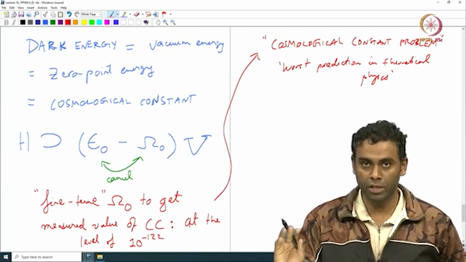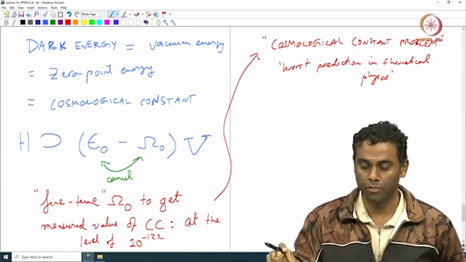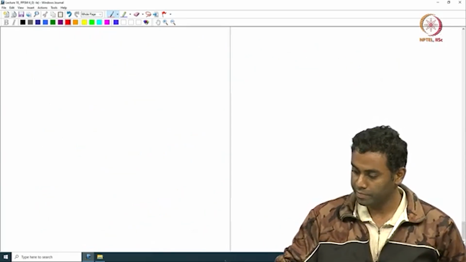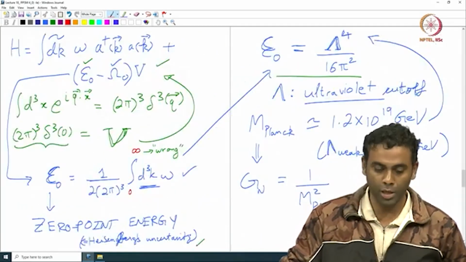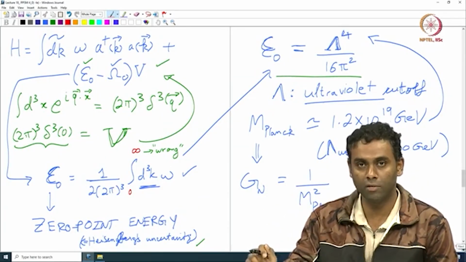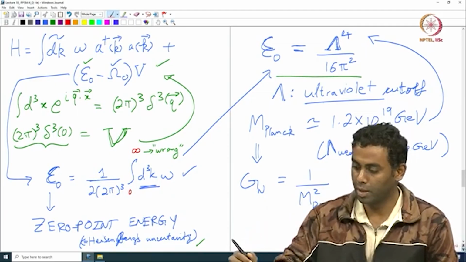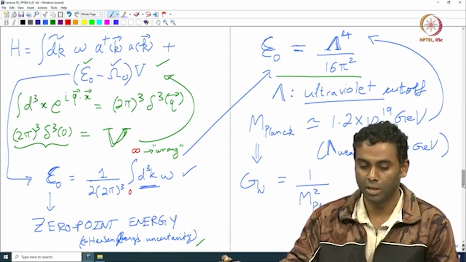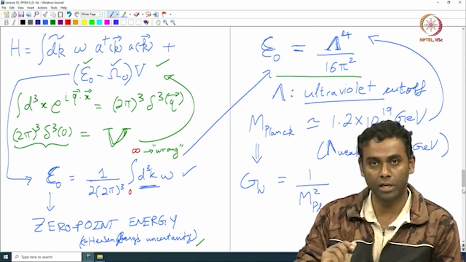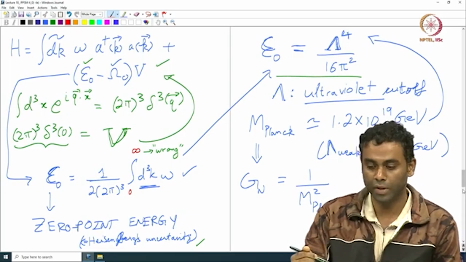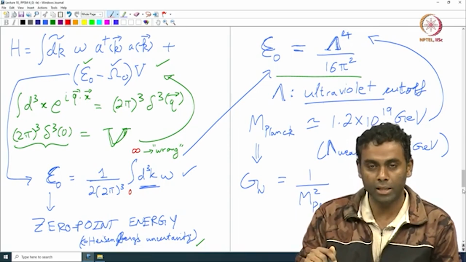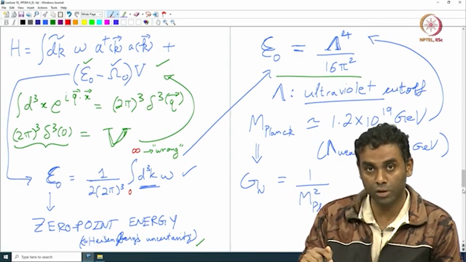Now there are a few comments here on why this problem is robust. You might say, alright, we are talking about one single field here, maybe the Higgs field or whatever, but I have other fields also in the problem. I have electrons and the W boson, Z boson, photon, etc. What about all of them? They all have a Hamiltonian, they also have a 0 point energy. You cannot escape that due to Heisenberg's uncertainty. What about the contributions of those? I didn't account for those, right? And the answer is those things only make it worse, not better.